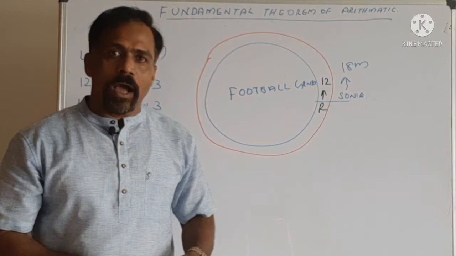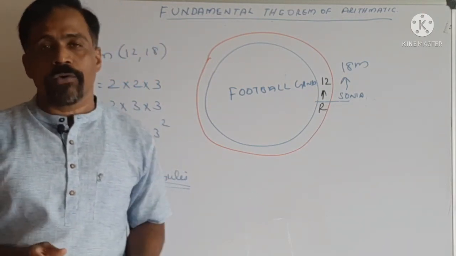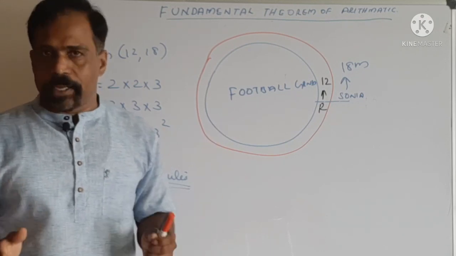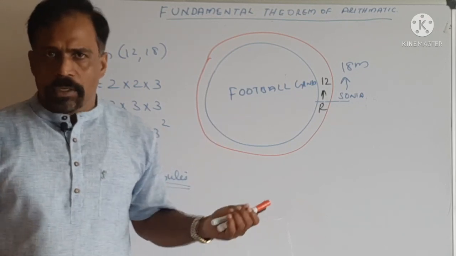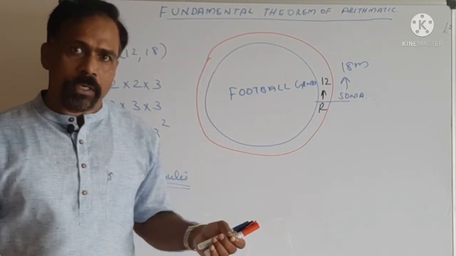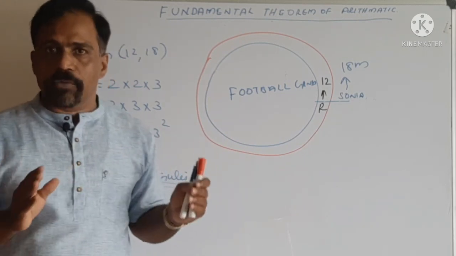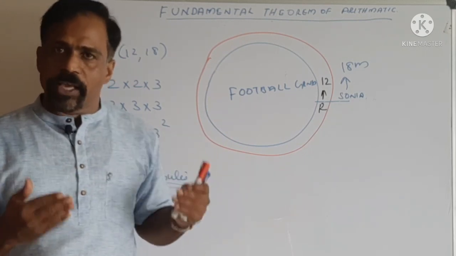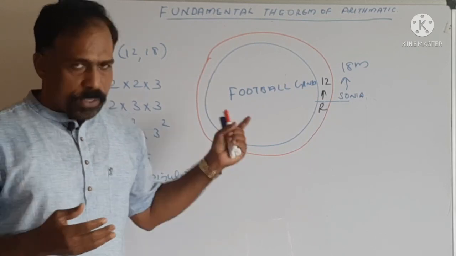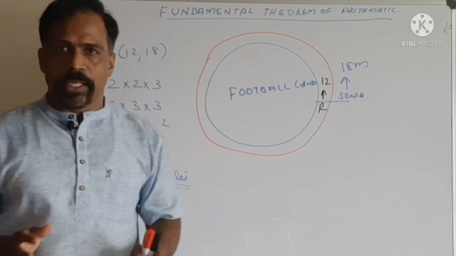Then we studied how to find the HCF and the LCM of composite numbers by the prime factorization method. Just like the division method, it is the same procedure, but we divide with prime numbers. We start with 2, then 3, then 5 and 7, etc. Then we studied this LCM case. This is one of the most important cases.